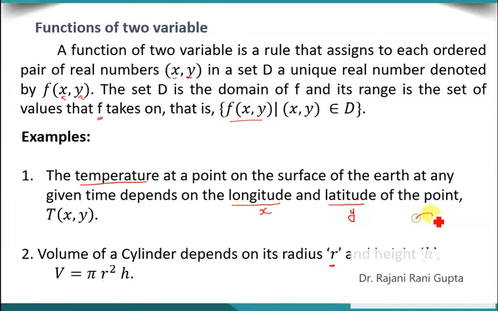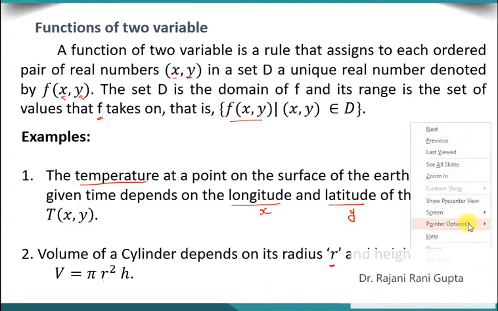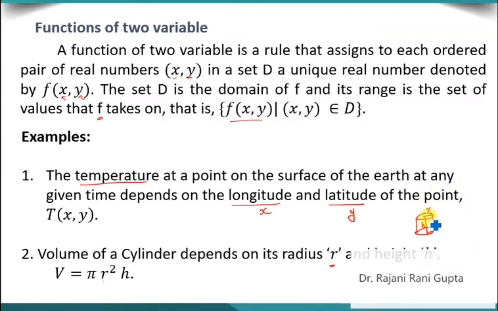Like if this is a cylinder with radius r and height h, now if I change the radius, suppose this is r dash, what will happen? The size of the cylinder will increase and so does the volume.